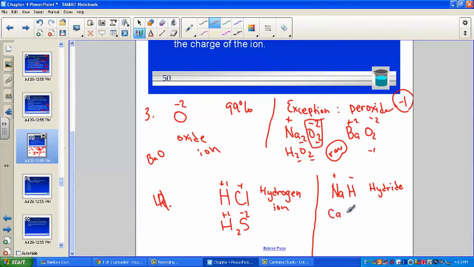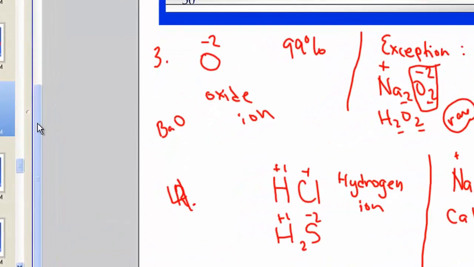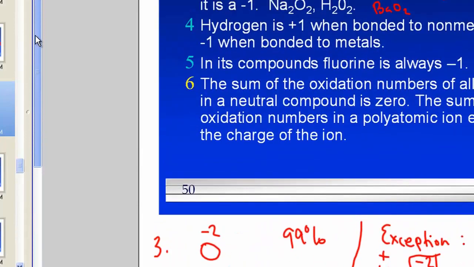How about CaH2, calcium hydride? The charge on hydrogen written in the last position when hooked to a metal is -1. Hydrogen in the first position hooked to a non-metal carries a +1 charge. Rule 4 is reminding us that hydrogen can be a +1 or hydrogen can be a -1, simply depending on the substance it's hooked to.